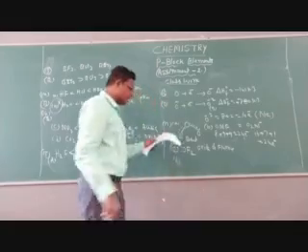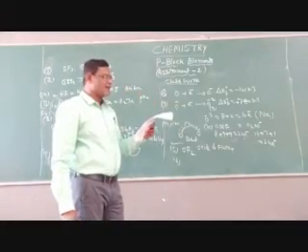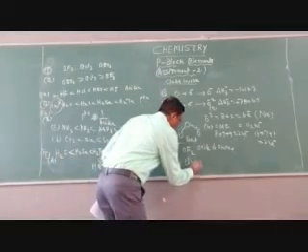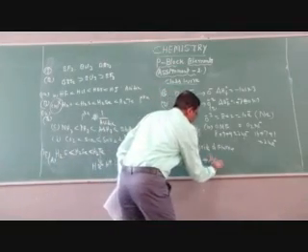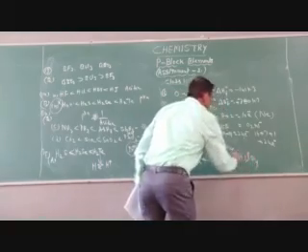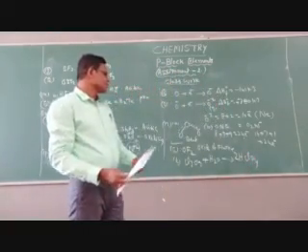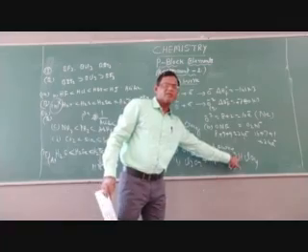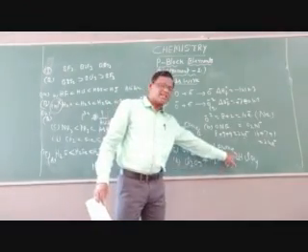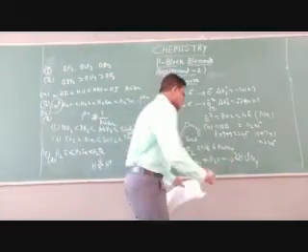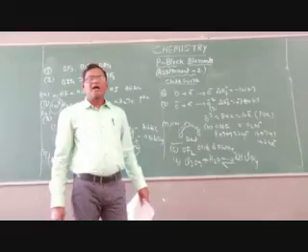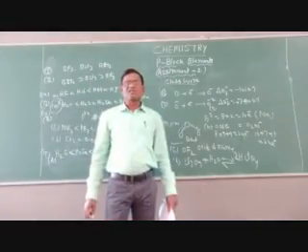And one more is given. D is Cl2O7 is the anhydride of perchloric acid. Cl2O7 dissolved in water gives rise to 2 moles of HClO4. This is called perchloric acid. So Cl2O7 dissolved in water gives rise to perchloric acid, whereas removal of water from perchloric acid gives the anhydride Cl2O7.